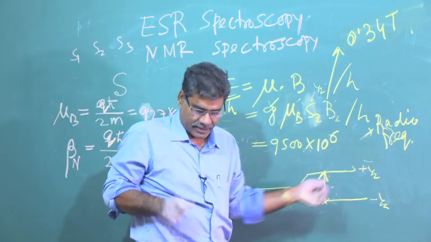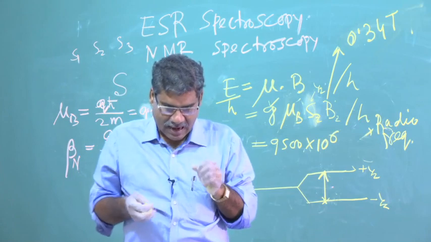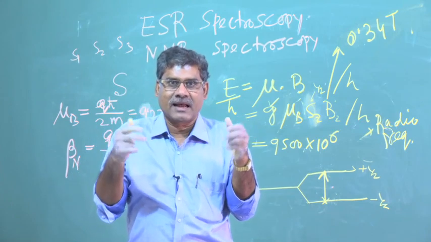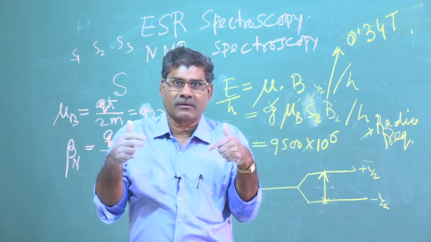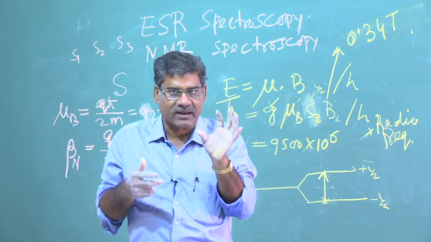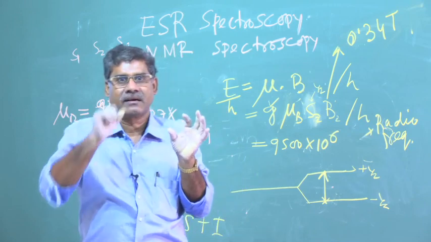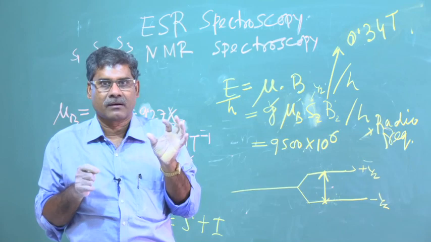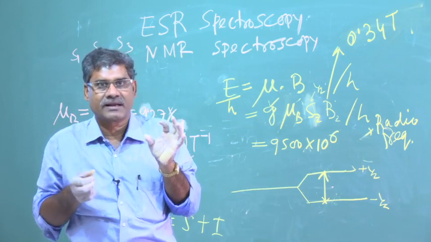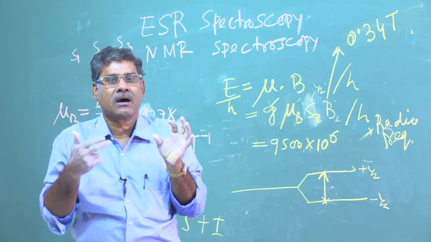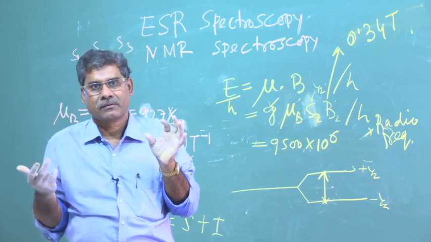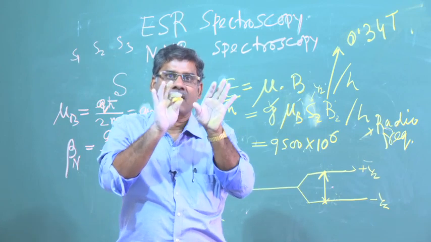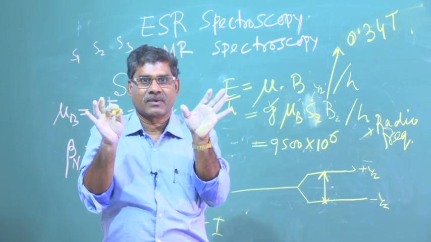So, externally I can control using two parameters, one is the magnetic field, another is the incident radiation or incident electrical signal, of microwave frequency or radio frequency. So, one is called ESR spectroscopy.